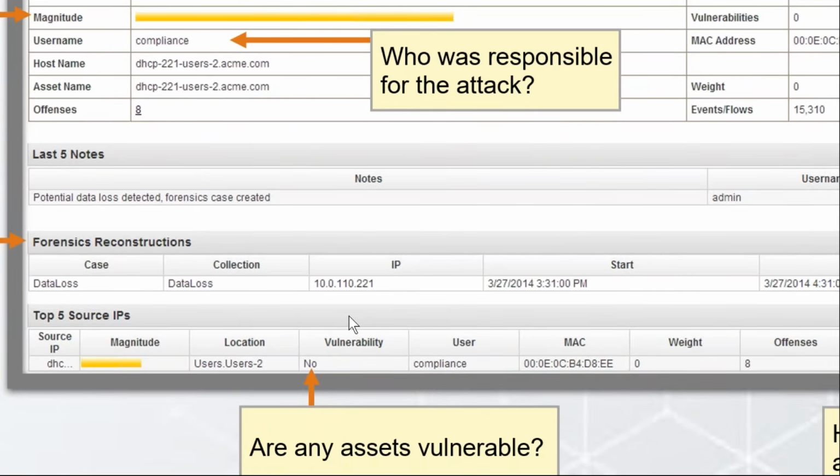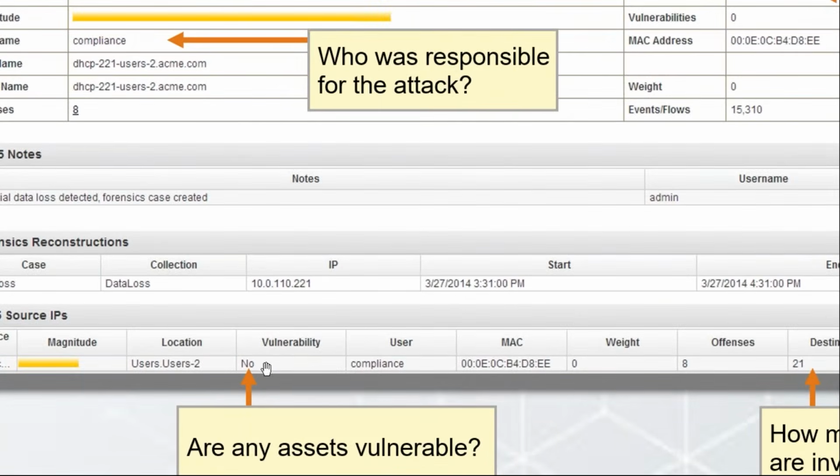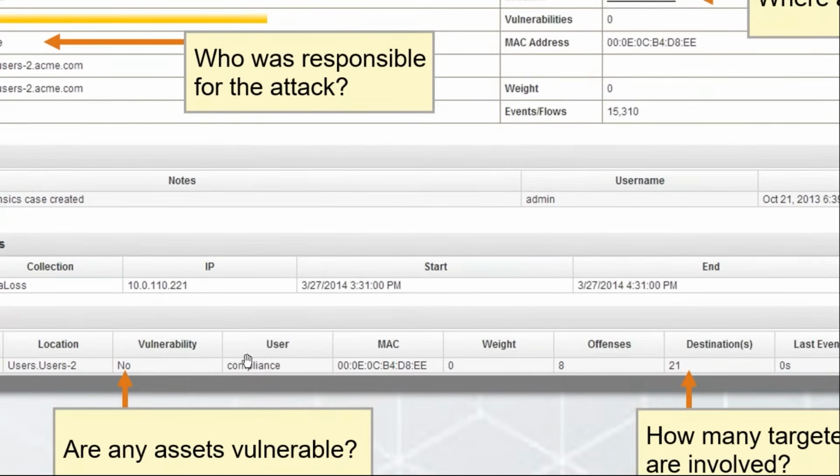It will only work when you have your QRadar Vulnerability Manager installed. That is totally a different thing. We'll talk about it in the next slide, but this is where the same attack window can tell you whether the asset which was compromised is vulnerable, whether it has any known vulnerabilities. Clear? So this is the part.